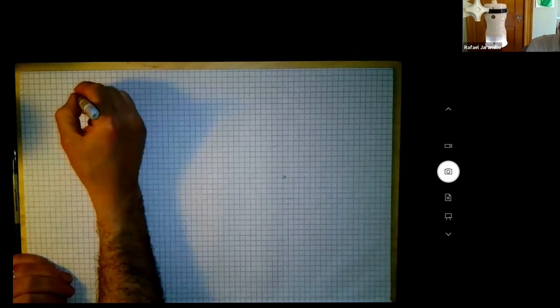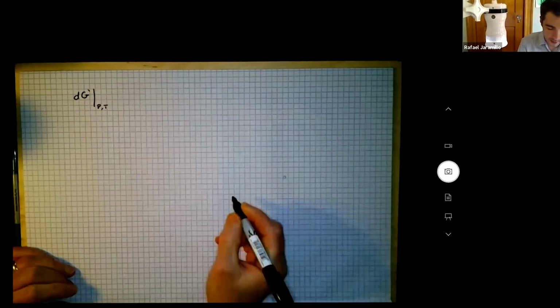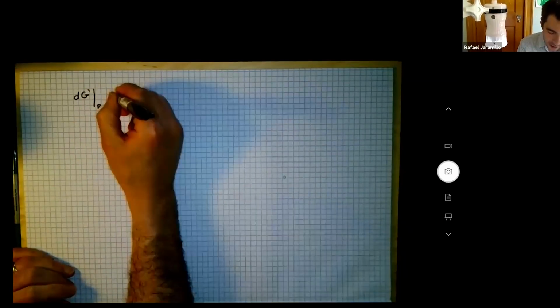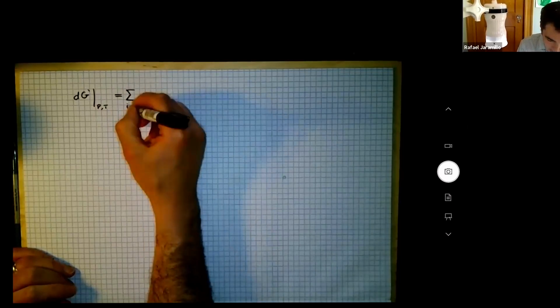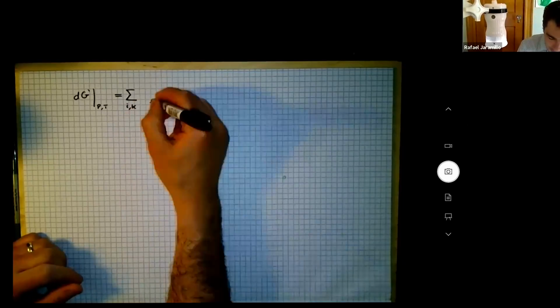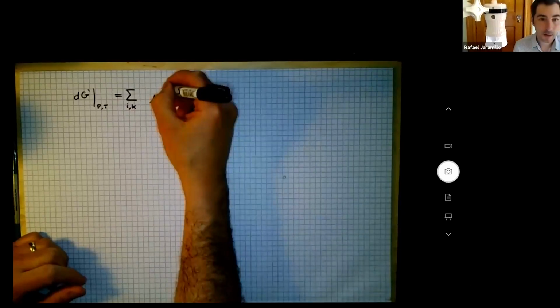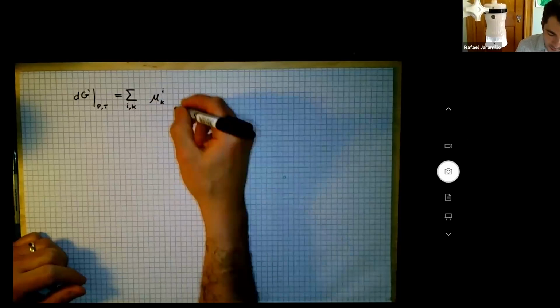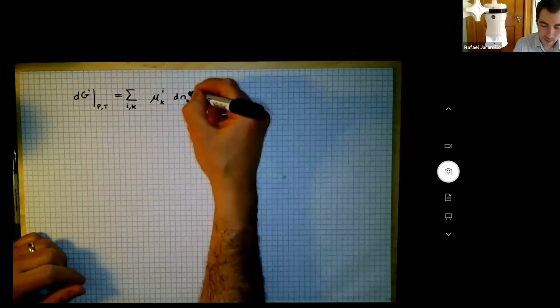So we can get into the math of that. We can say the change of G, at fixed temperature and pressure, so we're not going to worry about that. And we know the total differential of Gibbs free energy from weeks past. It's a sum over components and phases of the chemical potential of each component in each phase, times the change in mole number of each component in each phase.